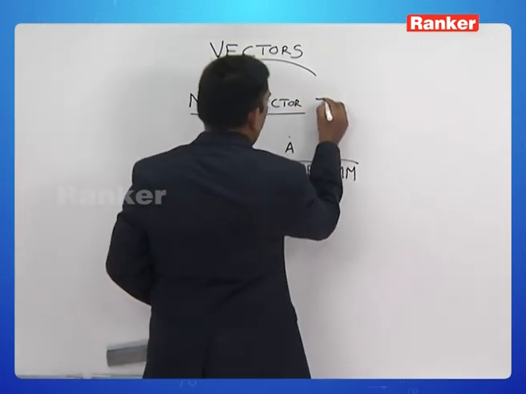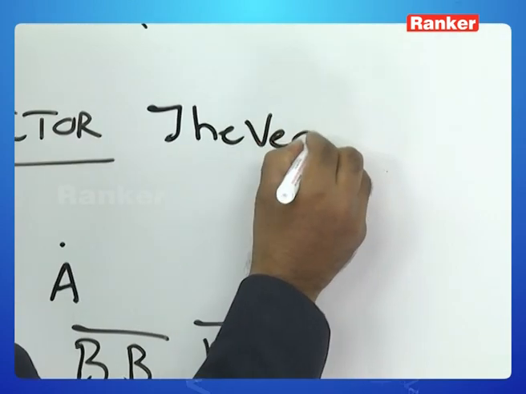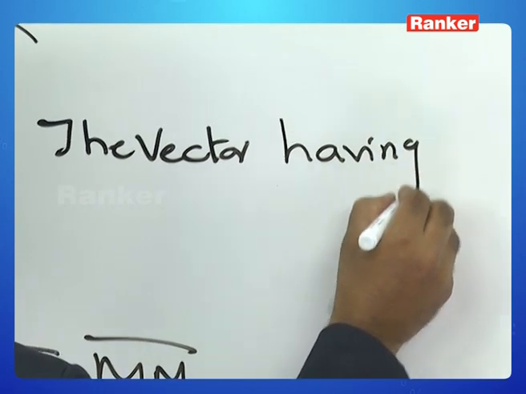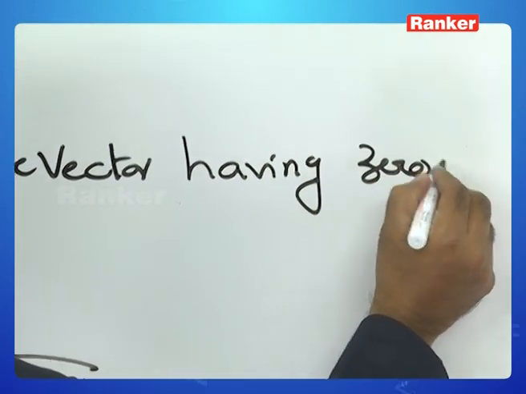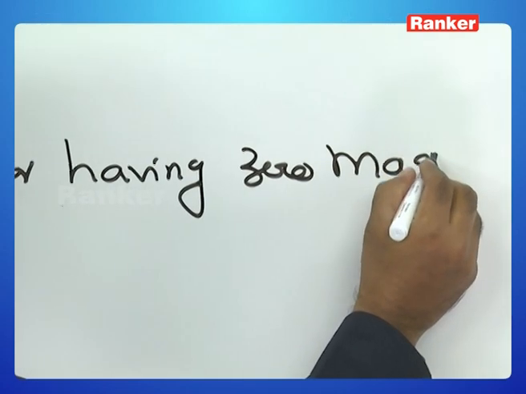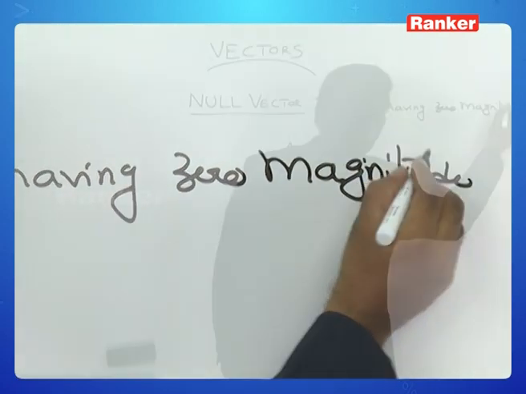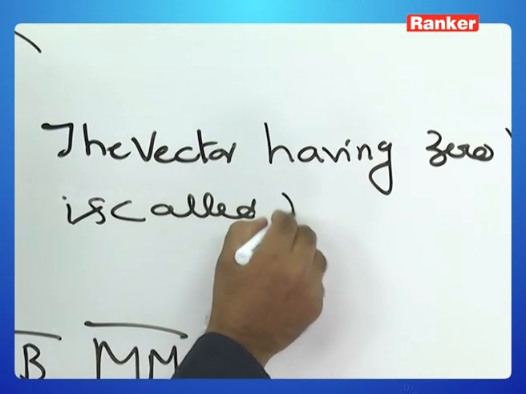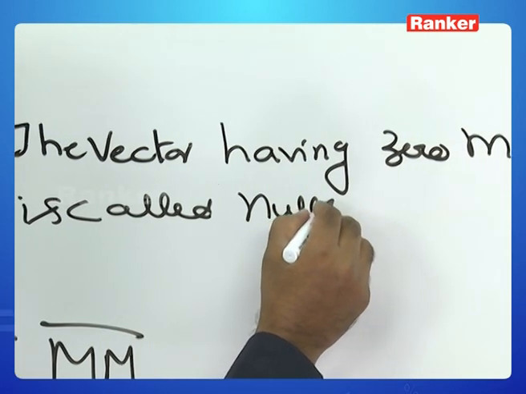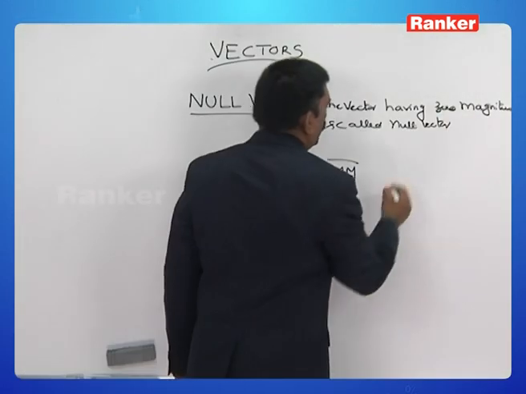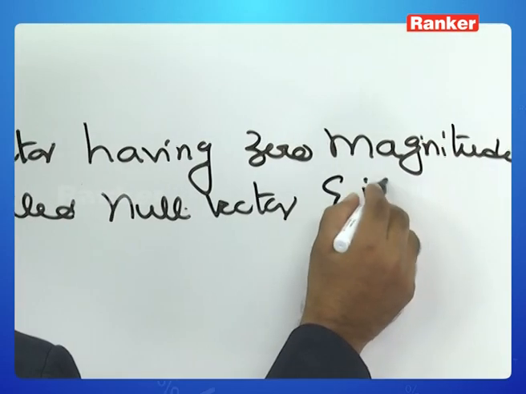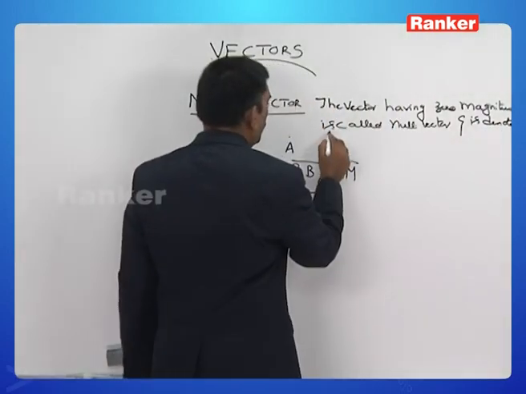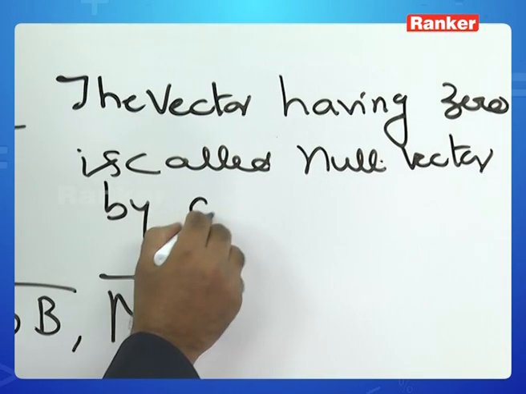The vector having 0 magnitude is called a null vector and is denoted by 0 bar.